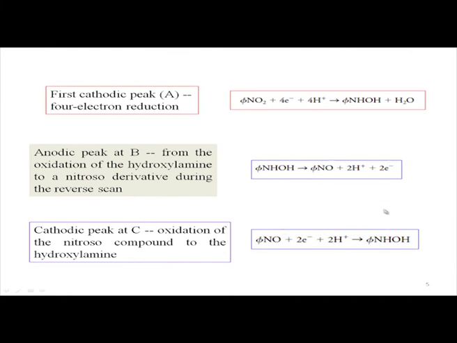So NO and NHOH, that means nitrosobenzene and the hydroxylamine, are connected by the same number of electron and proton transfers and they are reversible in nature. Next day we will continue from here, on how we can apply these two things for some applications. Okay, thank you very much.